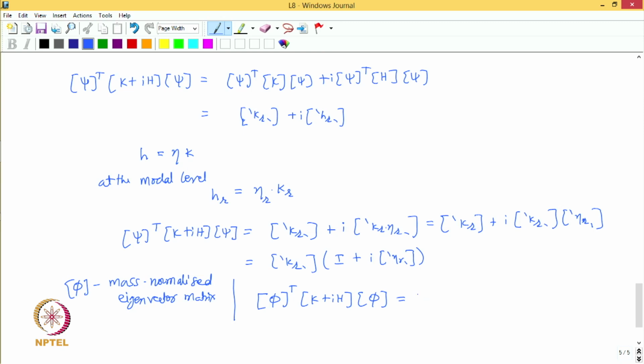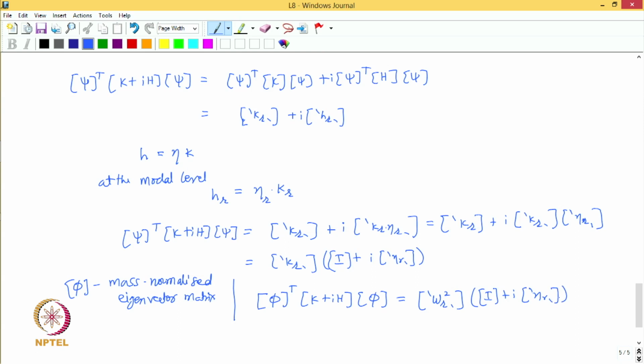So, we can write that matrix as omega r squared times the square bracket matrix, I plus i eta r.